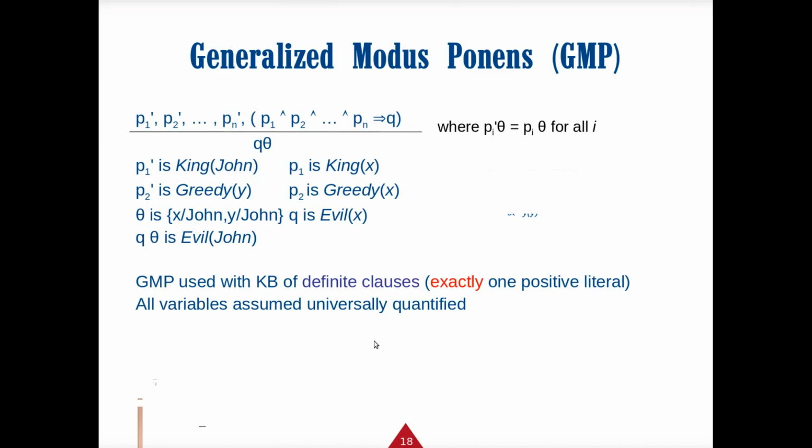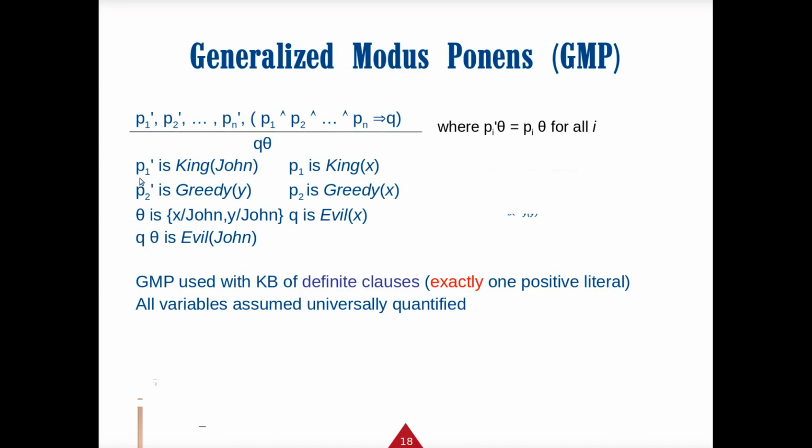And so the Generalized Modus Ponens, GMP, is P1, P2 through Pn. This is the general theorem of it, or the generalized theorem.